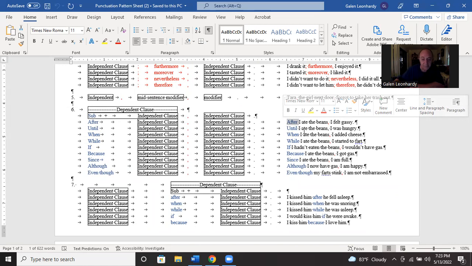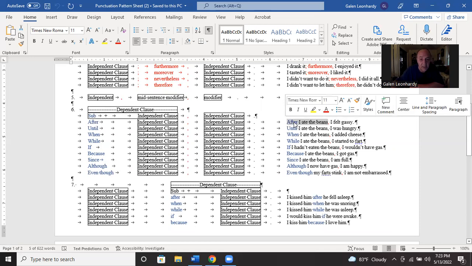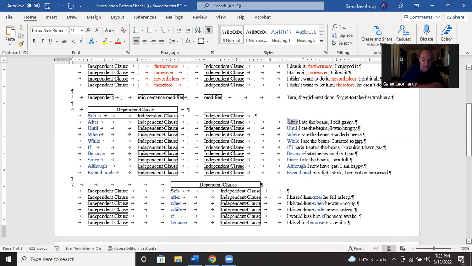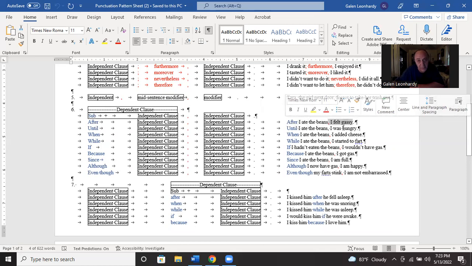In this case, it's called a subordinate clause because it starts with a subordinate conjunction. This subordinate clause cannot stand alone. It would be a violation of all things proper if it did. So we have to hook it up with an independent structure of some kind, in this case, an independent clause.